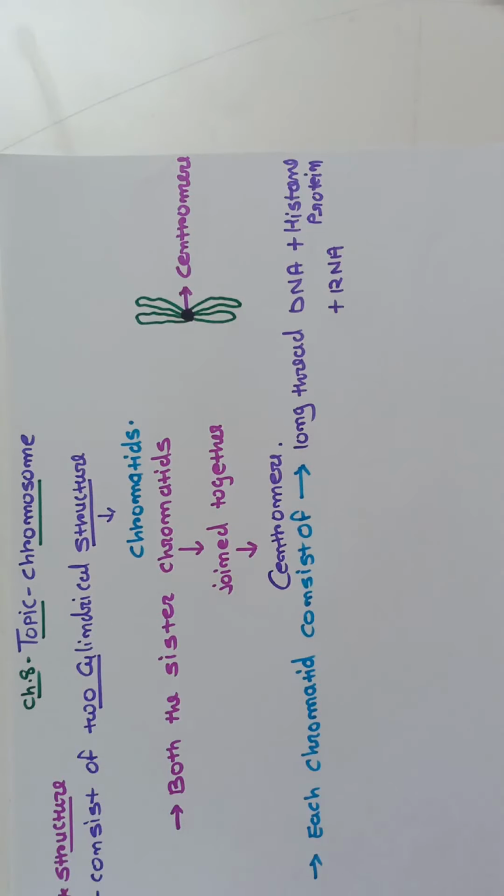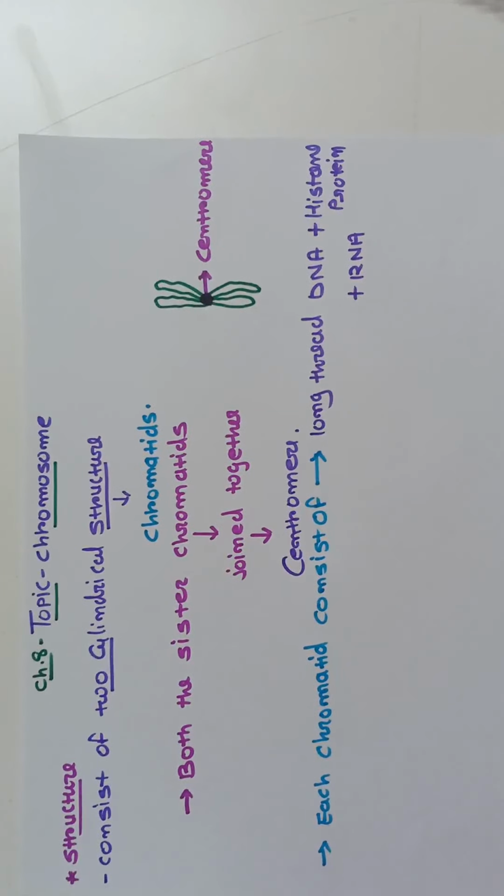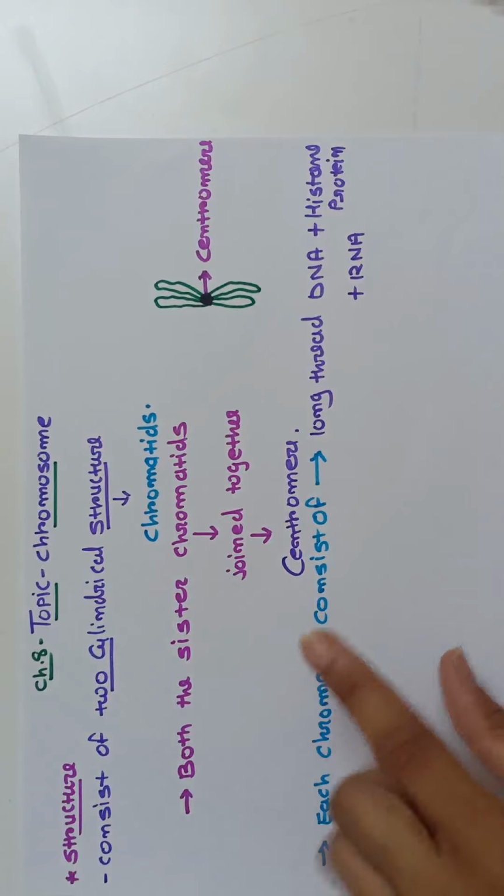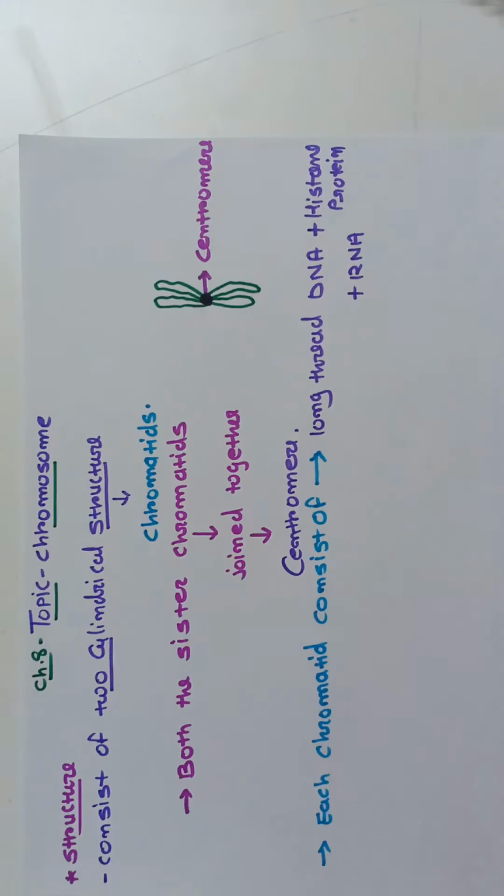So two sister chromatids are present in a chromosome and both are connected to one center point, and that is the centromere.